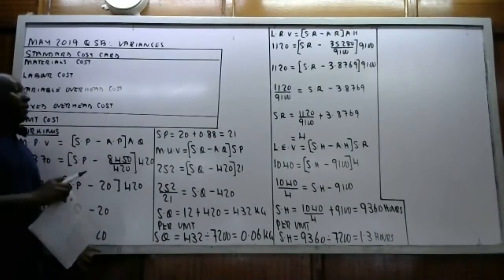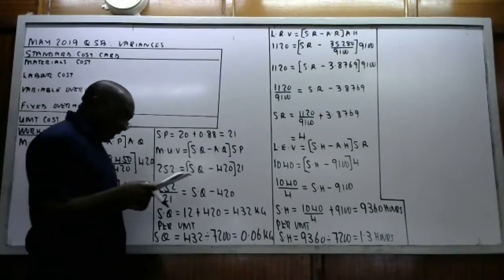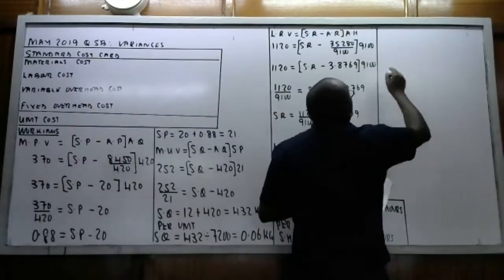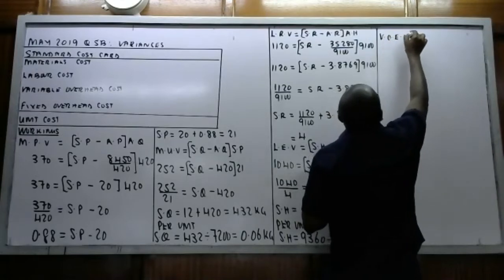So that is labor efficiency. Let us go to variable overheads, expenditure variance.